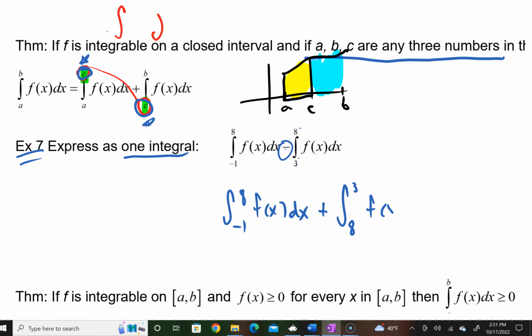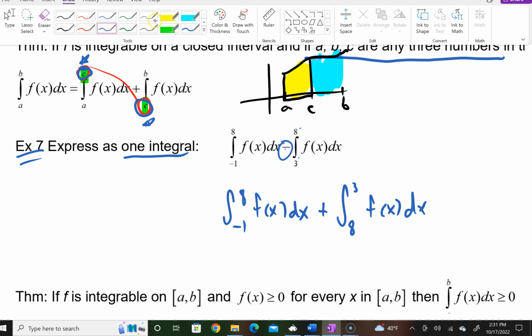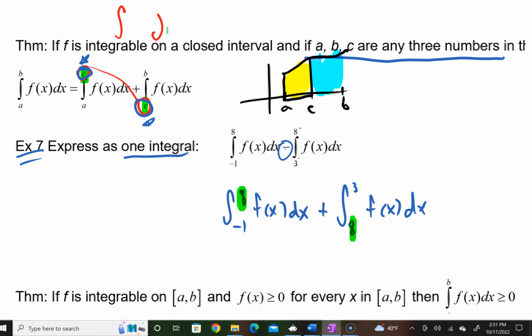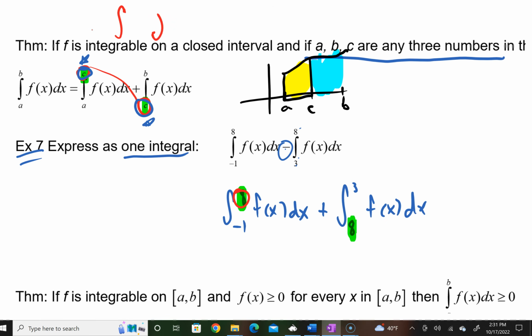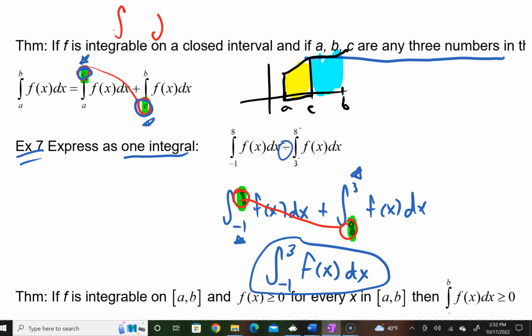Wow, that could look so weird. Kids could look at that and say, why are you doing that? Well, now, these match. Even though 8 is larger than both of them, this still holds true. Look at that. I can latch those two together, and I can turn this into the integral from -1 down below, 3 up high. Look at that. Here is one integral that would represent what we had earlier.